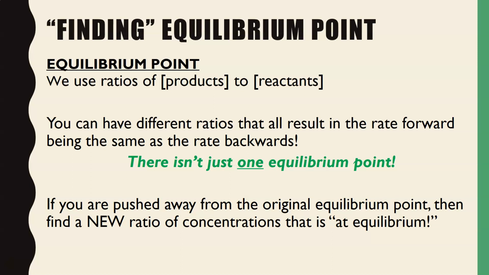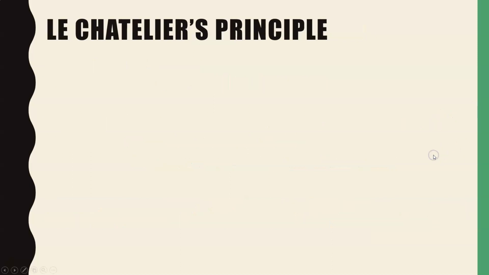We may do something like dump extra chemicals in there, or maybe we heat it up, right? Maybe we increase the pressure. We're going to do something that's going to push the chemicals away from their equilibrium point, and it's going to have to adjust. Maybe it starts making more product. Maybe it starts making more reactants. It's going to do whatever it needs to find a new ratio that allows the forward and backwards reaction to be the same.